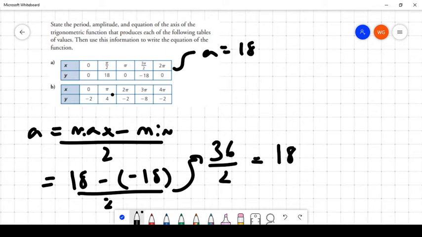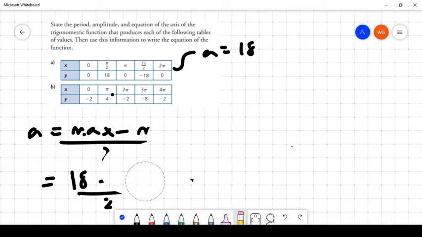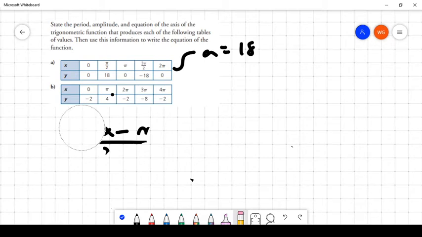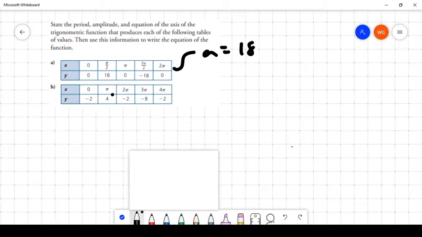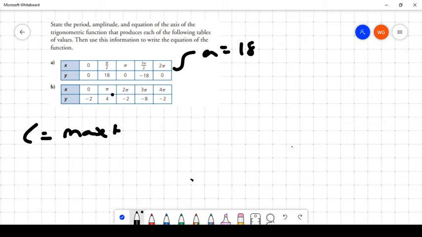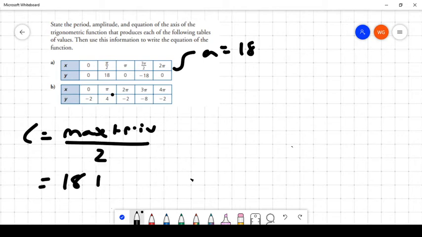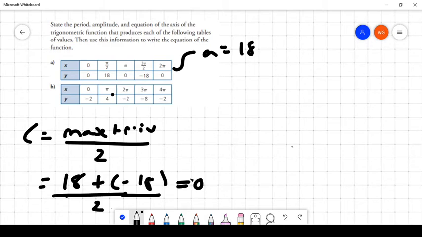We also should know the equation of the axis, which is our c value, and that's going to equal (max plus min) over 2, which equals (18 plus negative 18) over 2, and that equals 0, and so our c value is equal to 0.